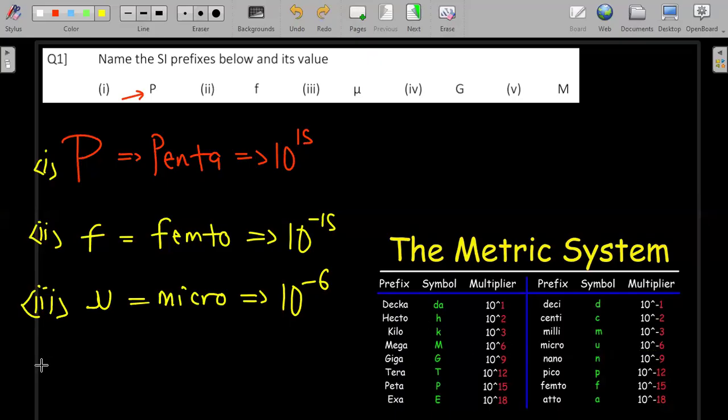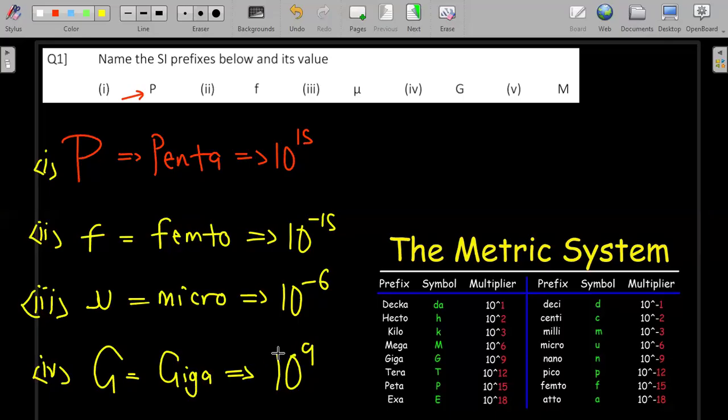The next one is capital letter G. What does it mean? Capital letter G simply means giga. Giga represents 10 to the power positive 9. So giga is positive 9.